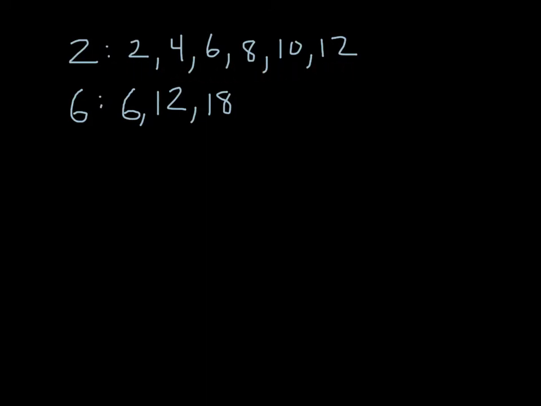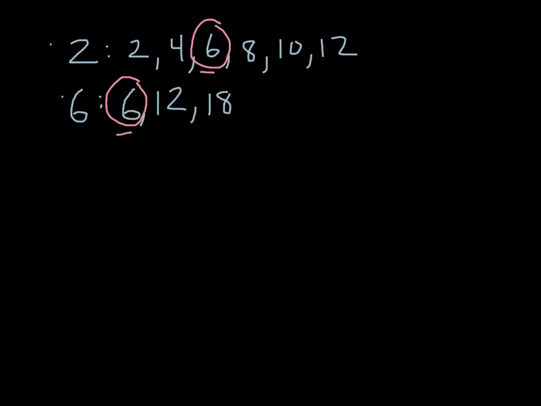And in this case it was. The very first multiple of 6, which was 6, was also a multiple of 2. There it is right there. So that was the first multiple that they had in common. 2 and 6, the first multiple they had in common was 6.